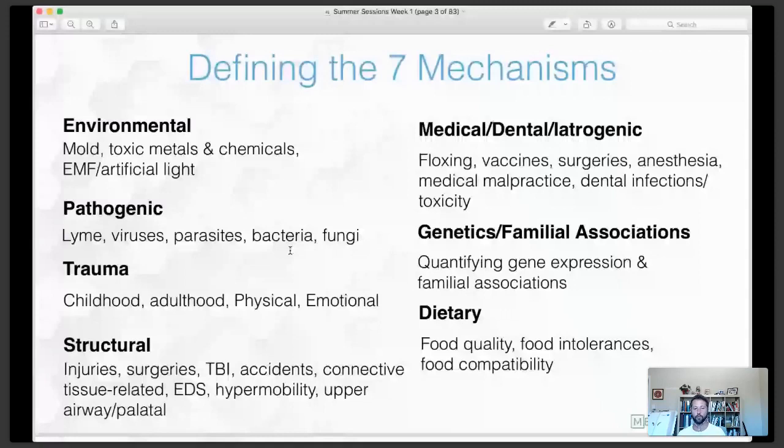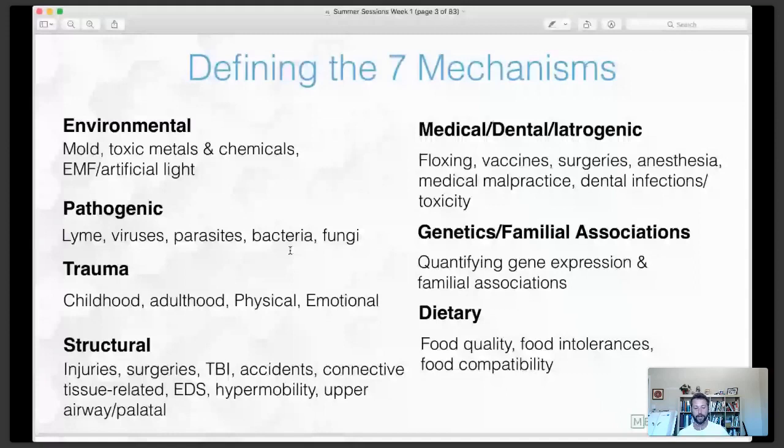What I'm going to share with you today is how to break down the clinical process of pulling apart these 7 mechanisms from your intake when you're working with patients or clients. Ideally, you start to pull these 7 mechanisms out in your intake initially, before and during your first consultation.